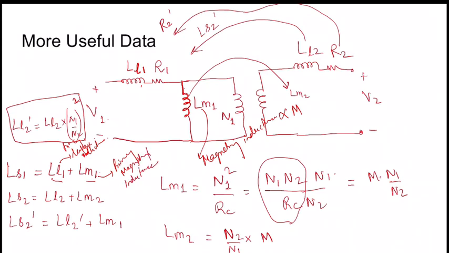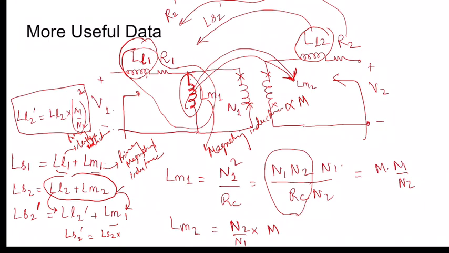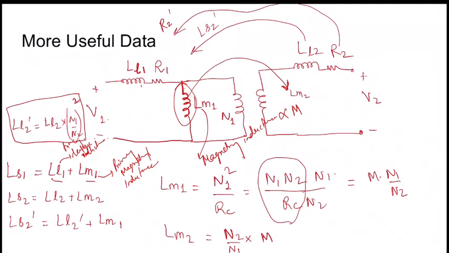There is no magnetizing inductance on the secondary side, only this is the magnetizing inductance and only this can be transformed. Now you should always remember that we are writing LS1 equal to LL1 plus LM1, because self inductance is defined to be that inductance which is the net inductance as seen from primary when the secondary, that is the other branch, is open circuit, hence L2 will be out. So LS2 equal to LL2 plus LM2 and LS1 equal to LL1 plus LM1.